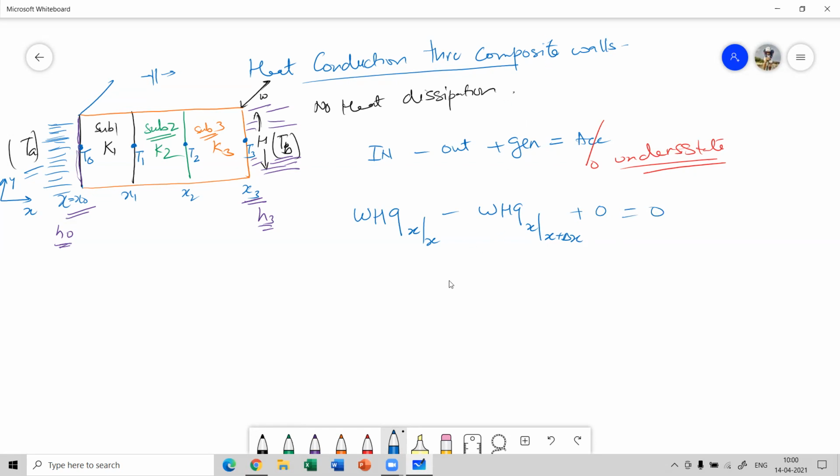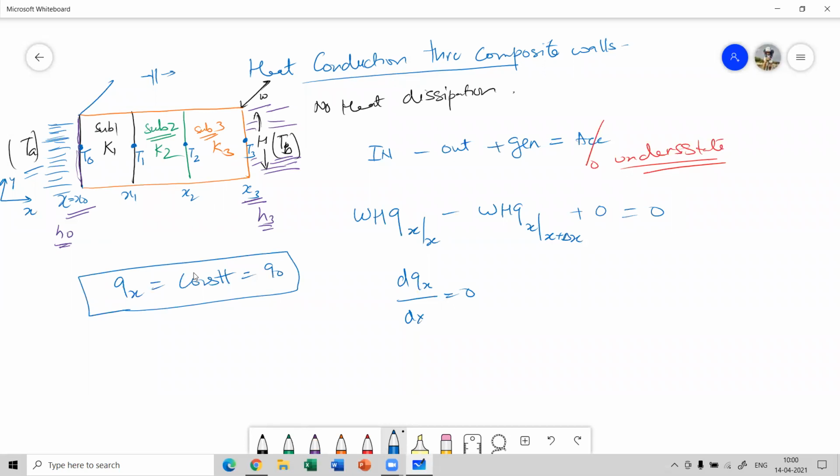So what we have is dQx by dx is equal to 0. That means Qx is equal to a constant, let's call it Q naught. Clear? So the heat flux in the x direction is a constant, Q naught.